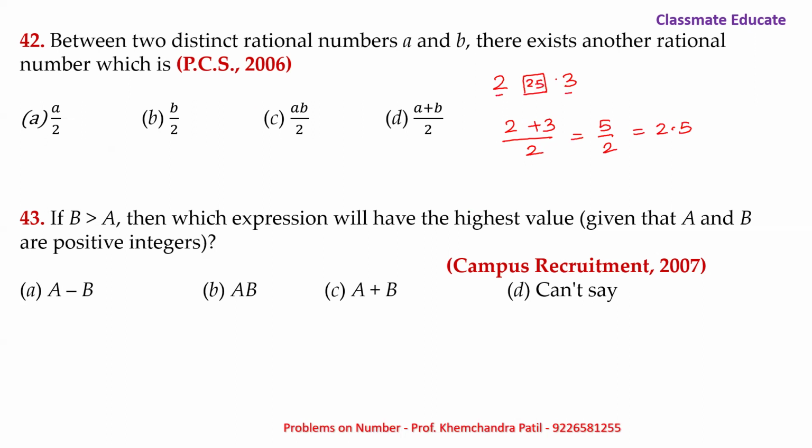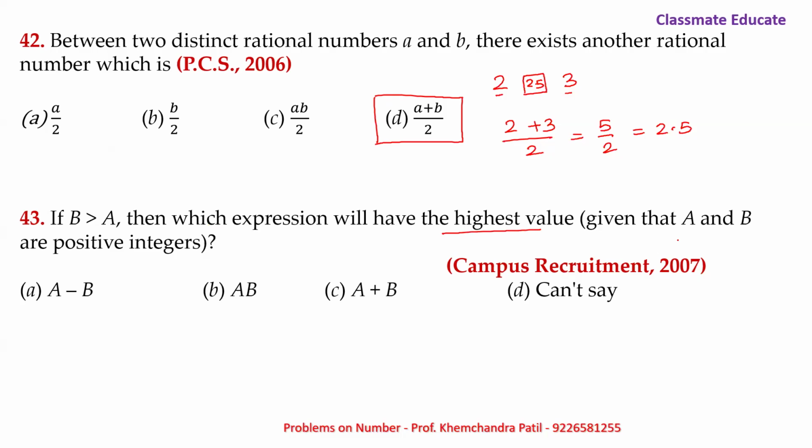So in this way, you can find the rational number. So your answer is A plus B divided by 2. Yes, very good, Yash.